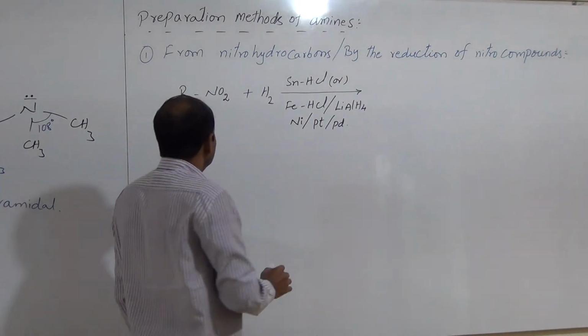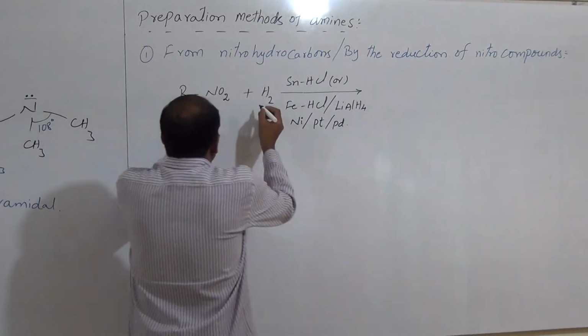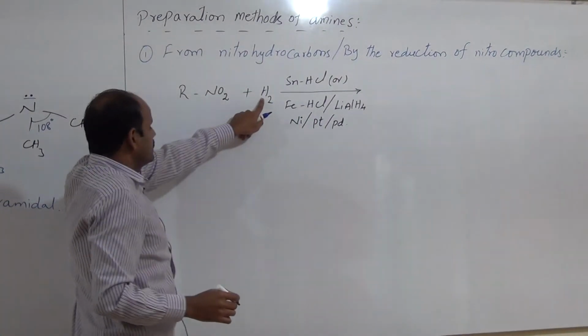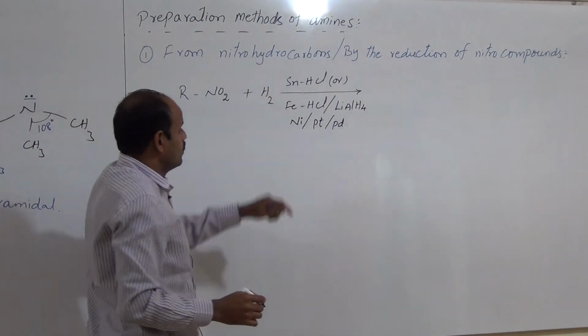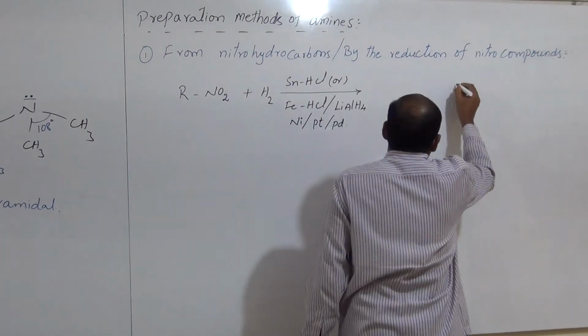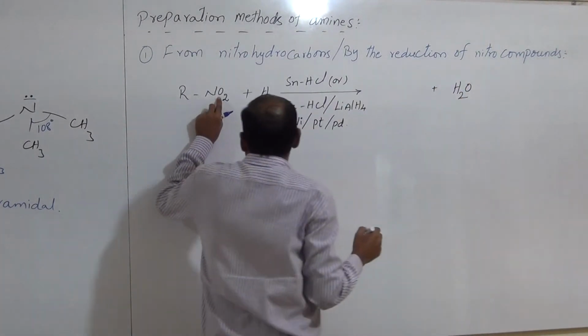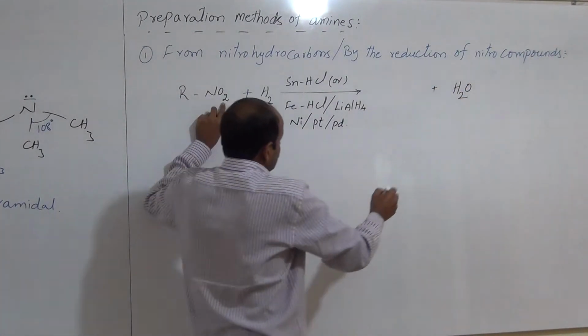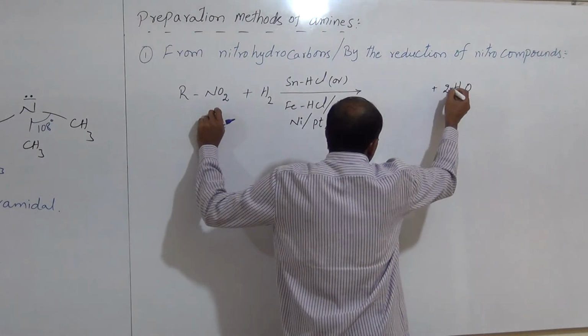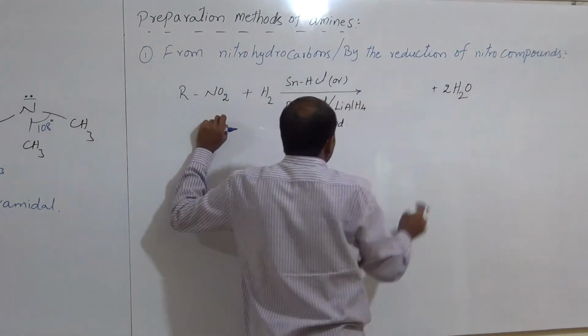Then the oxygens and hydrogens combine together and are removed as water, H2O. How many oxygens are there? 2 oxygens. How many hydrogens are there? 4 hydrogens.